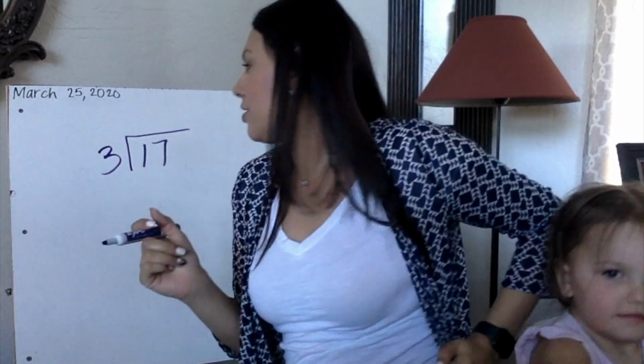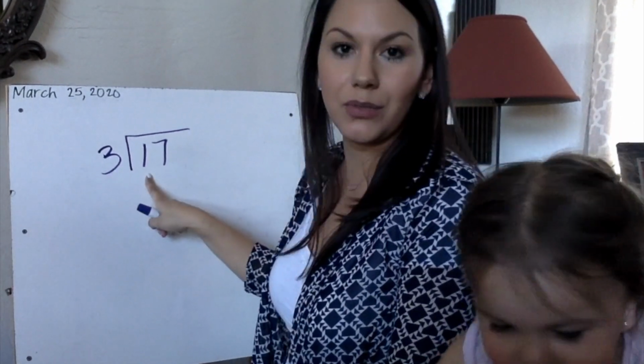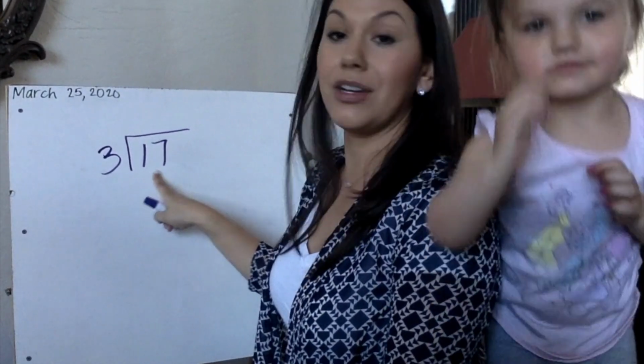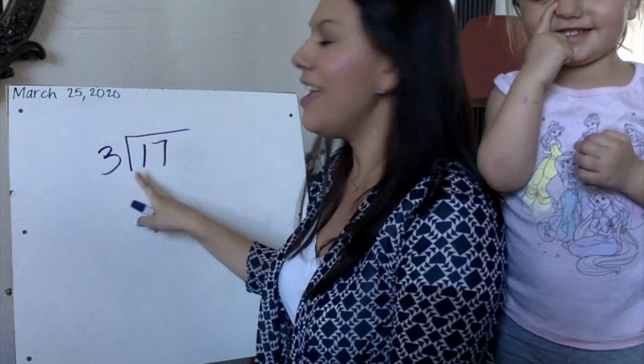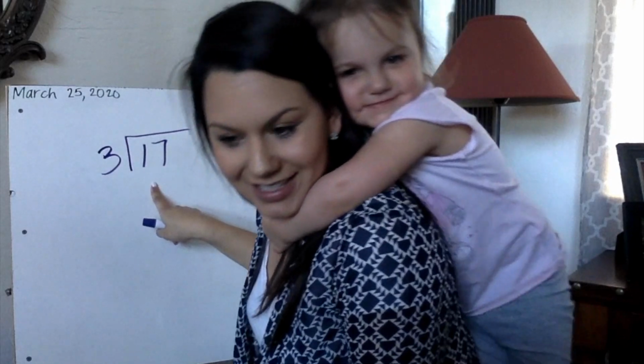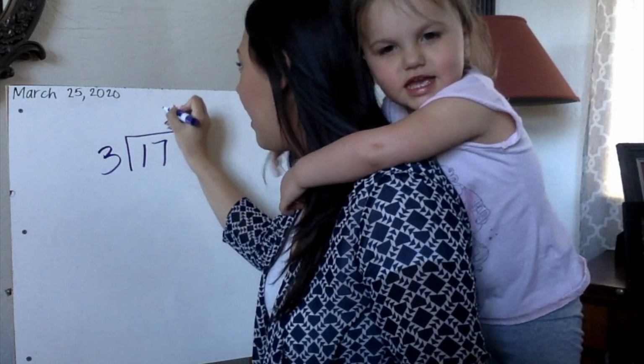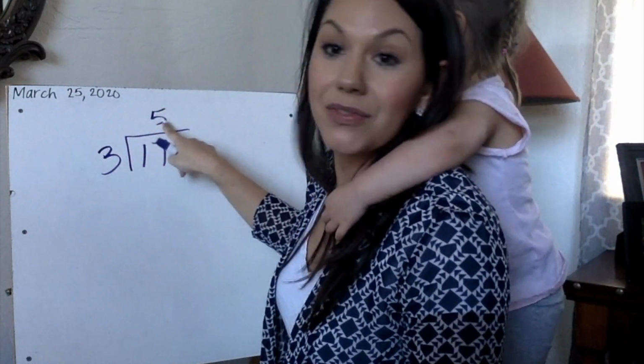All right, so looking at our digits, we have 1 and 7. Does 3 go into 1? No, so we have to look at our next digit. Does 3 go into 17? Yes, it does. It goes in 5 times. So I'm going to write a 5. 3 times 5 is 15.